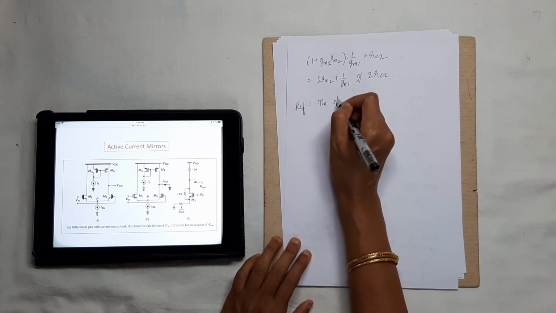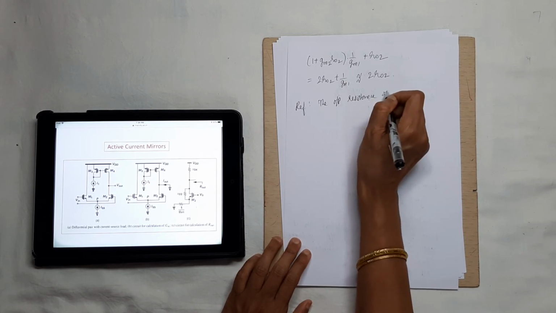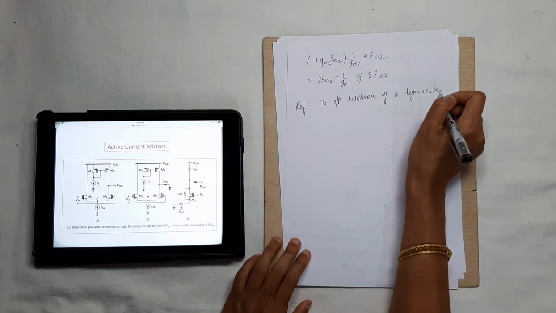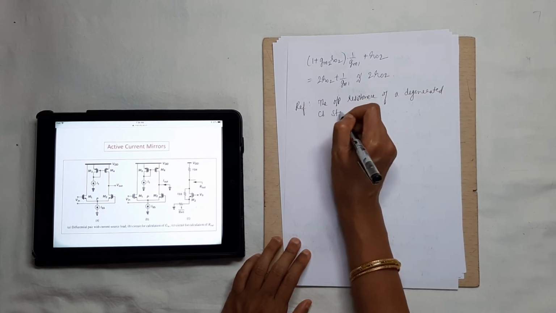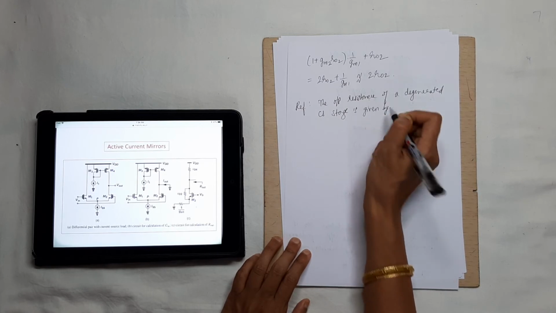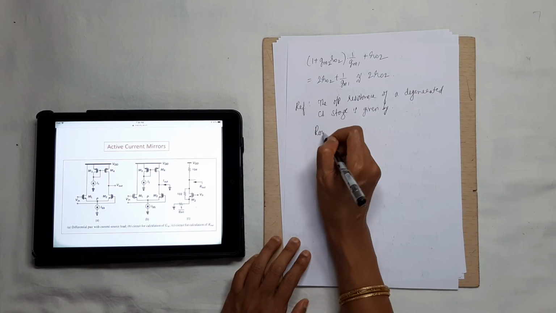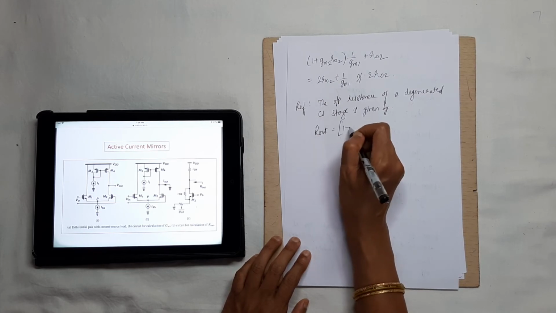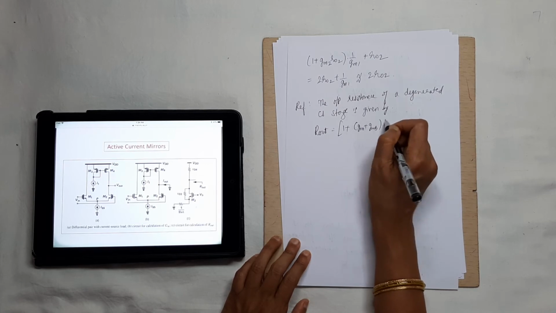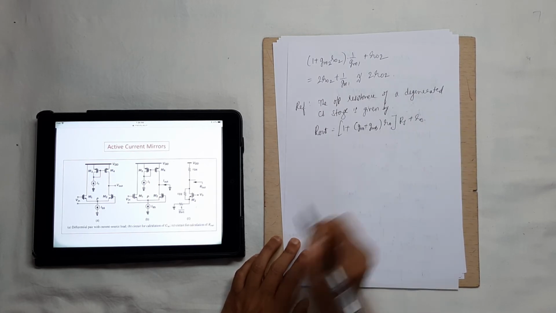The output resistance of a degenerated CS stage is given by, already we have done it, it is just for reference. R out is 1 plus GM plus GMB into RO into RS plus RO.